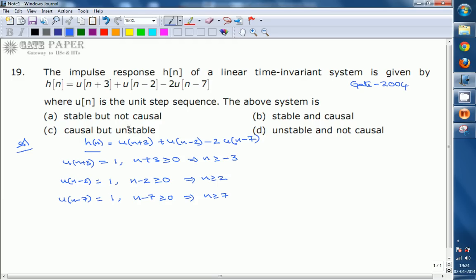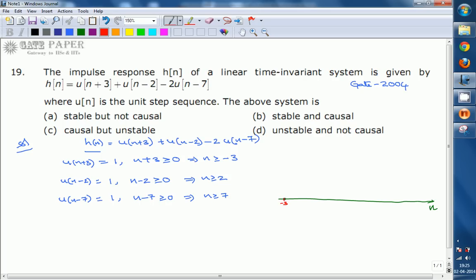So by drawing the plot for this h of n, taking the n on x-axis and h of n on y-axis. So here you can see that u of n plus 3 equals 1 for n greater than or equals to minus 3. So it is started from minus 3.